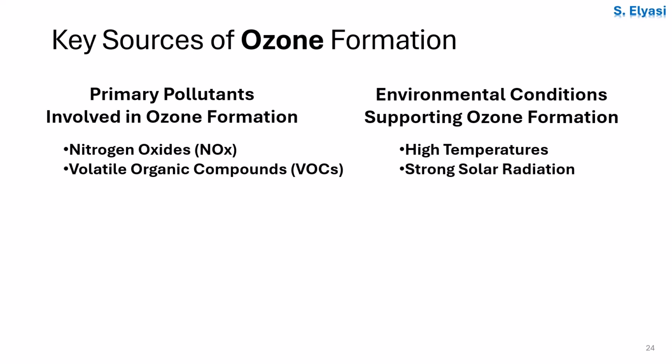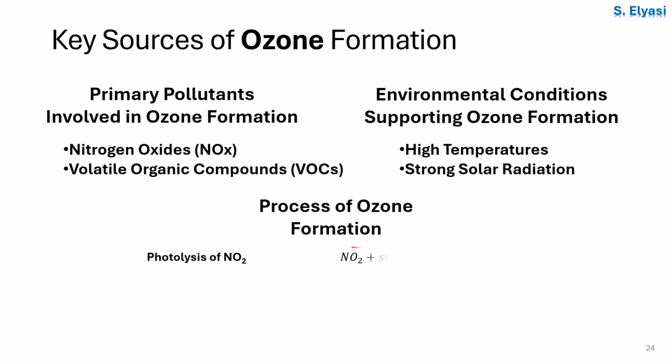Strong solar radiation. Ultraviolet, UV, light from the sun provides the energy necessary for the photochemical reactions that transform NOx and VOCs into ozone. Process of ozone formation. Photolysis of NO2. When NO2, a component of NOx, is exposed to sunlight, it splits into nitric oxide, NO, and a reactive oxygen atom, O. Oxygen molecule reaction.